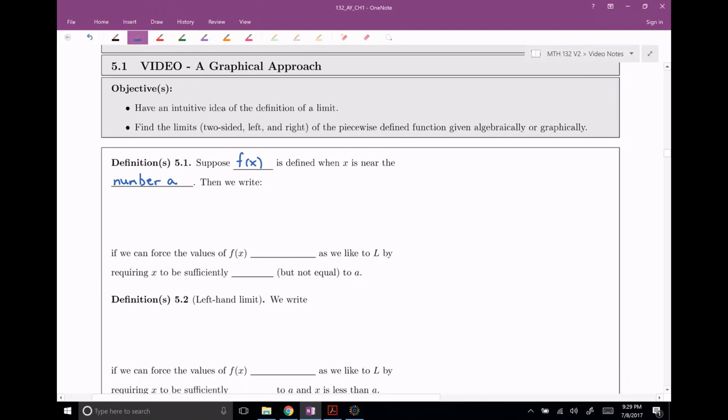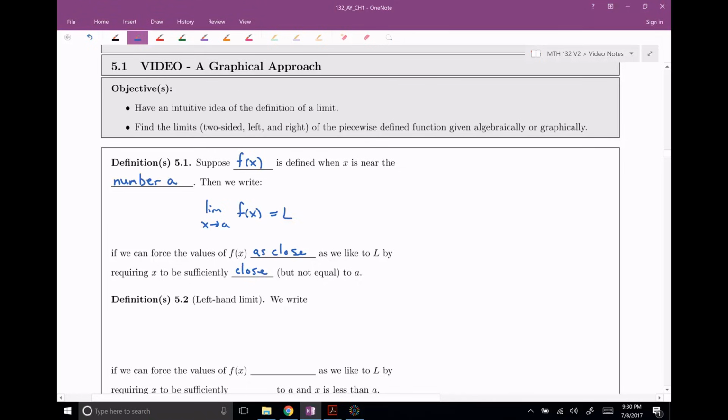This is notation: the limit as x approaches a of our function f of x is equal to some real number L if we can force the values of f of x as close as we'd like to L by requiring x to be sufficiently close but not equal to the value a.